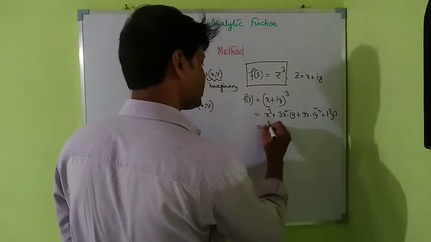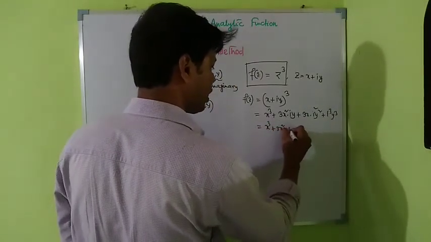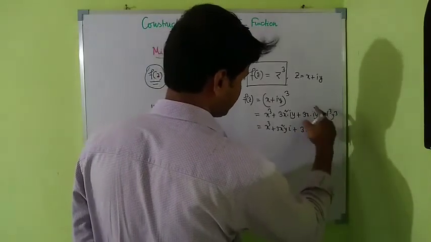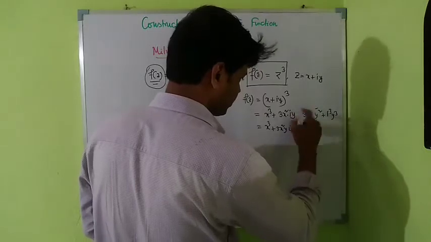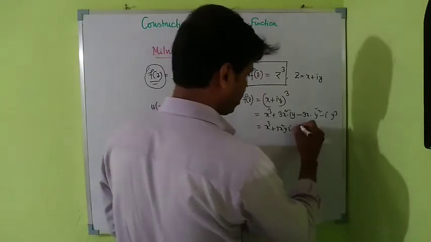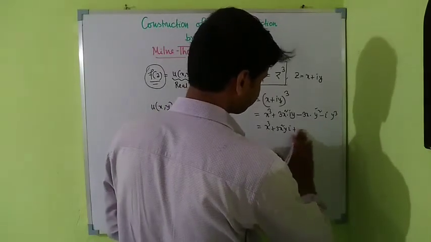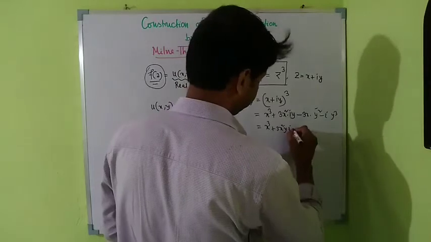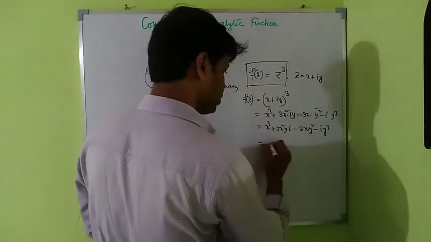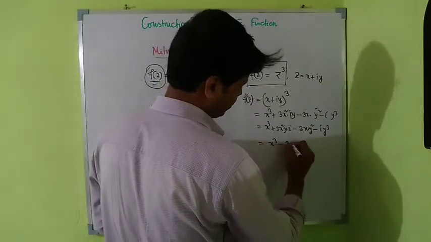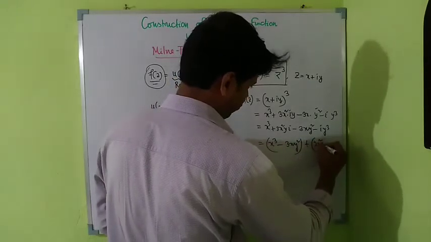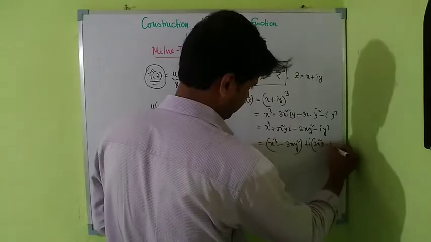That is x cubed + 3x squared yi + 3xy squared, where i squared means minus 1, so this is minus 3xy squared, and i cubed means minus i, so minus i y cubed. So we write x cubed minus 3xy squared plus i times (3x squared y minus y cubed).